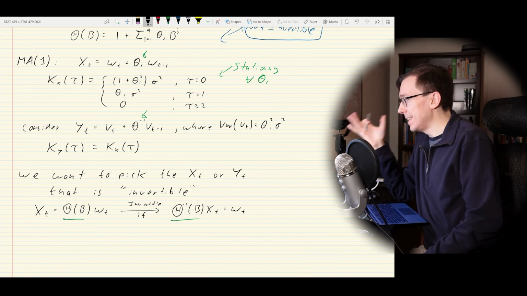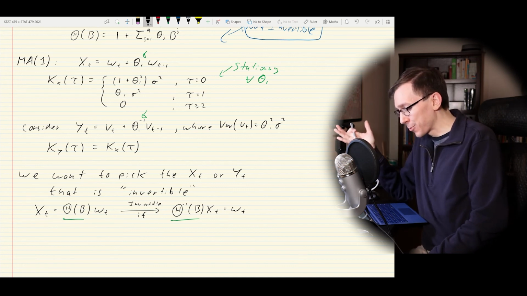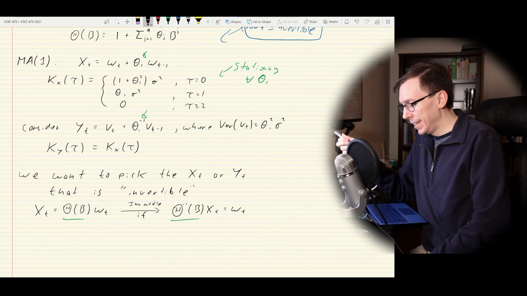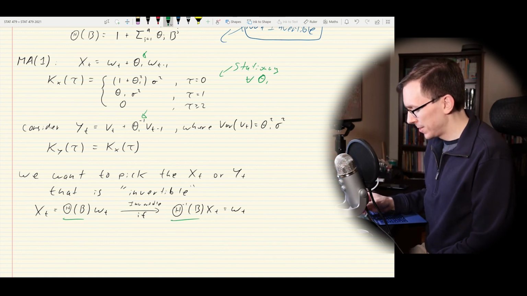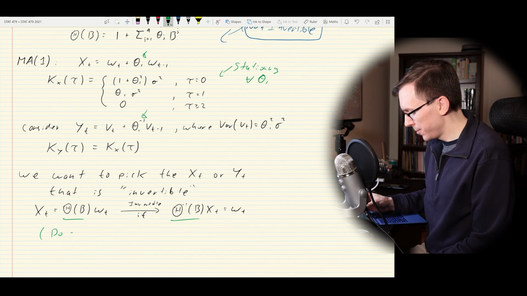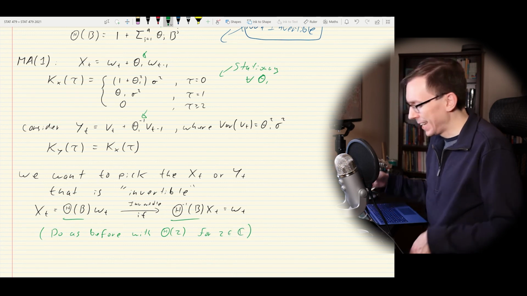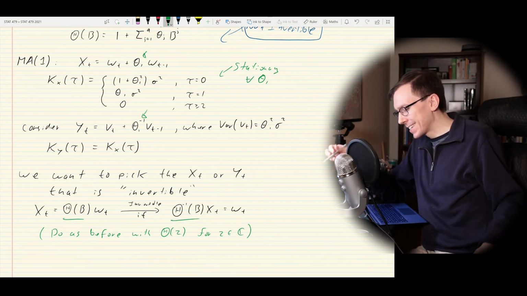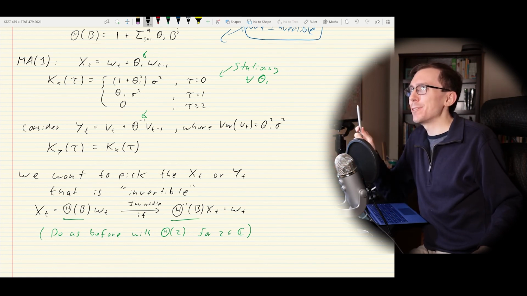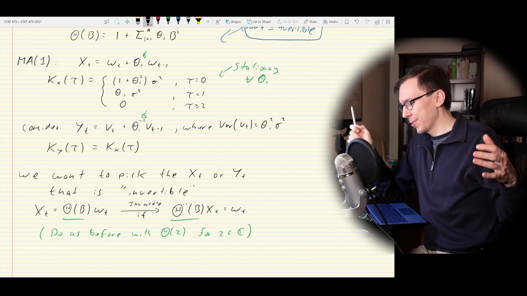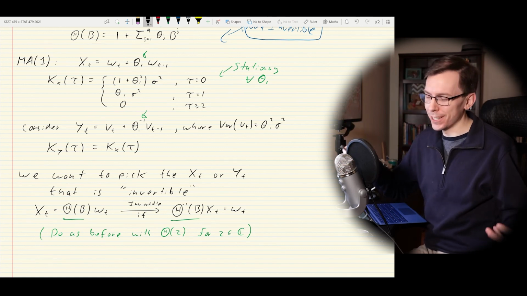And in this setting, it's really just doing exactly what we did above. So the point is we can do as before, considering theta applied to some z, for z a complex number, and then we can proceed working through that to determine: do we have a power series representation whose radius of convergence is at least 1?